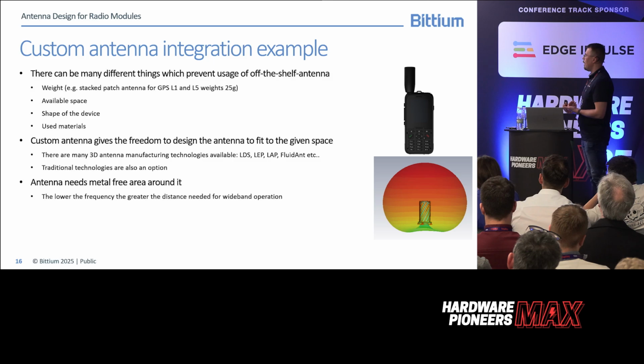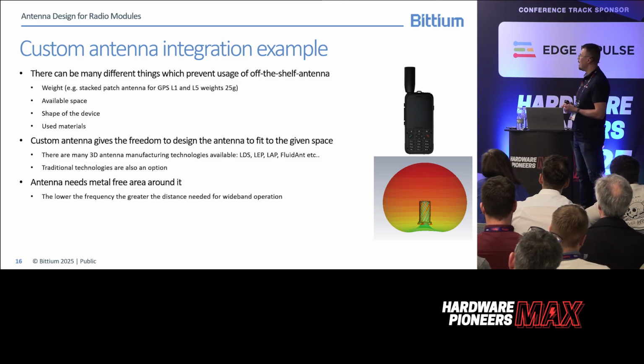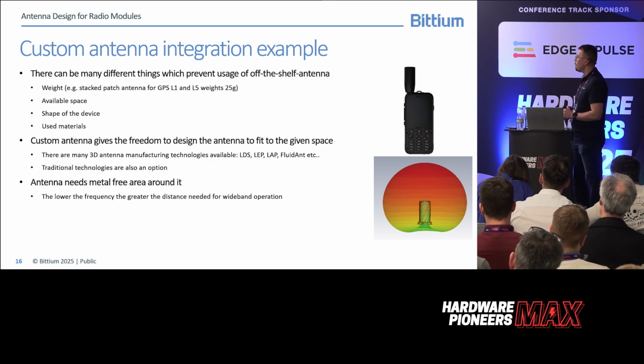If you have a drone and you want longer operating time, you may not want to choose a GPS antenna which has high weight. For example, this stacked patch antenna weighs 25 grams, and it can reduce the flying time of the drone.